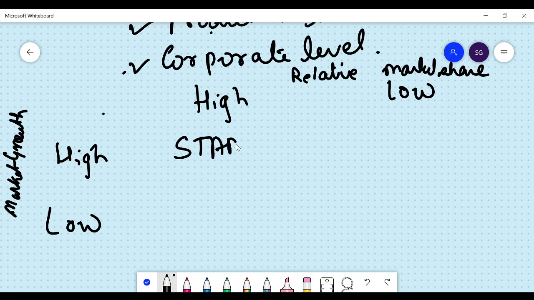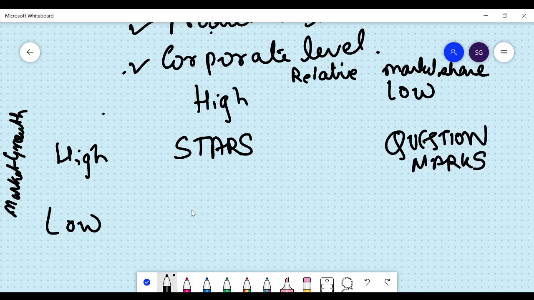First stars, next question marks, third is cash cow, and fourth is dogs.